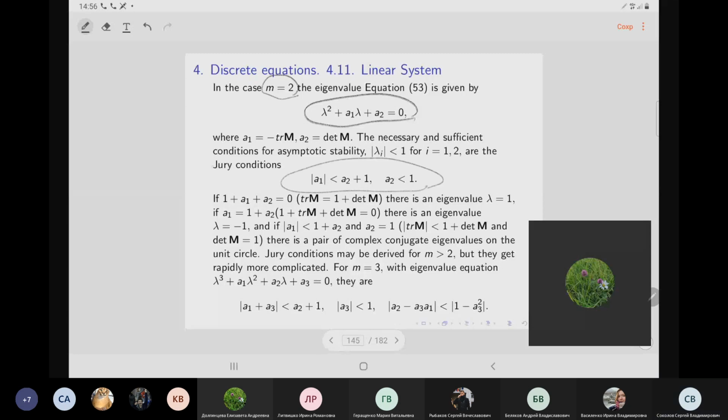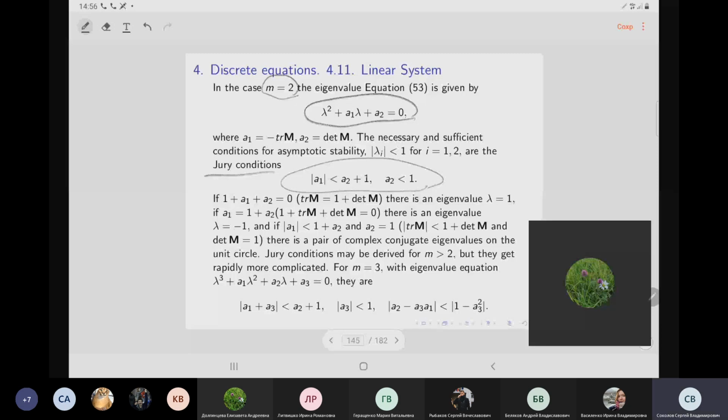They are called Jury conditions. So in general, their idea is very close to the analysis in continuous form.